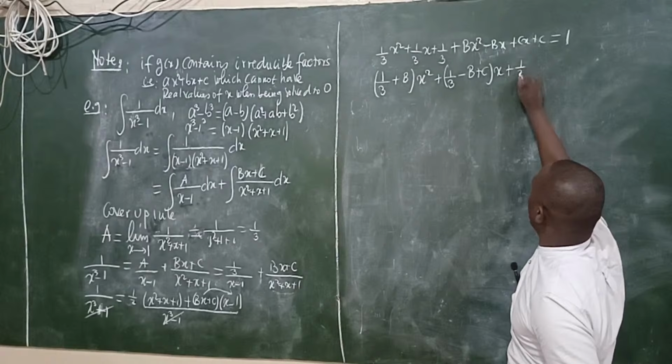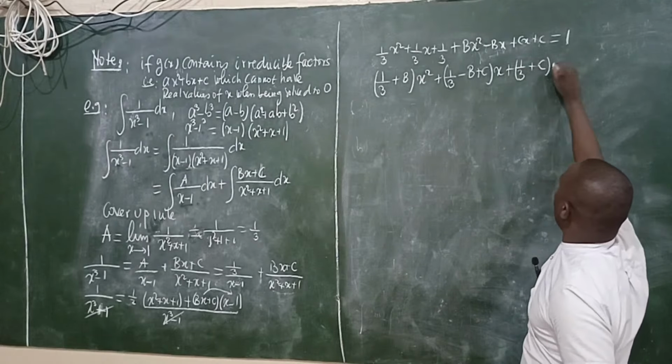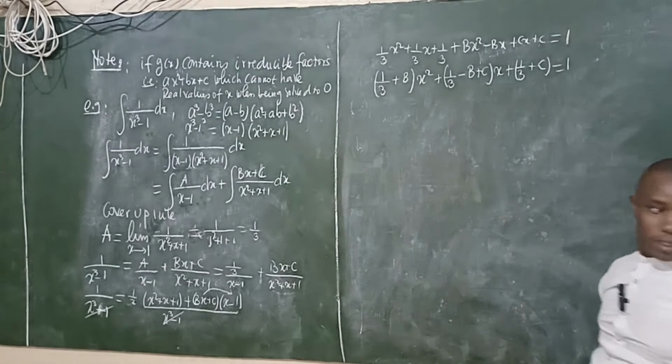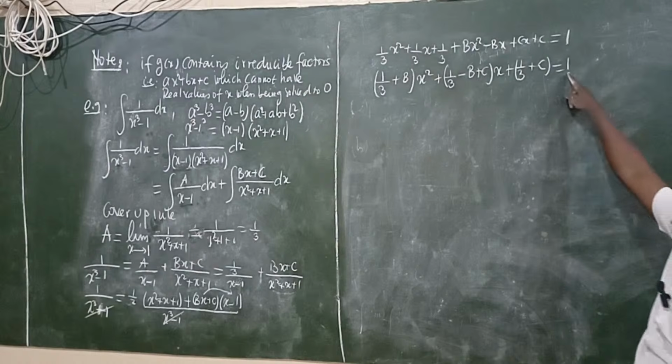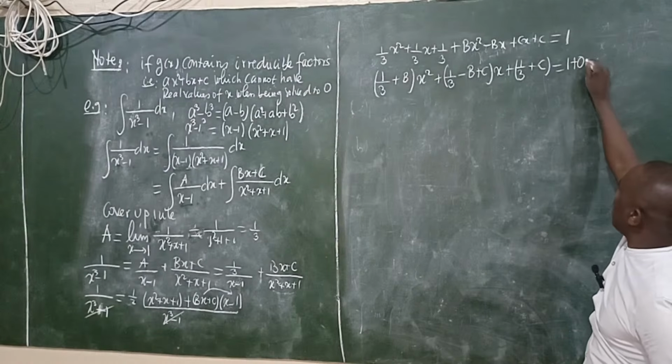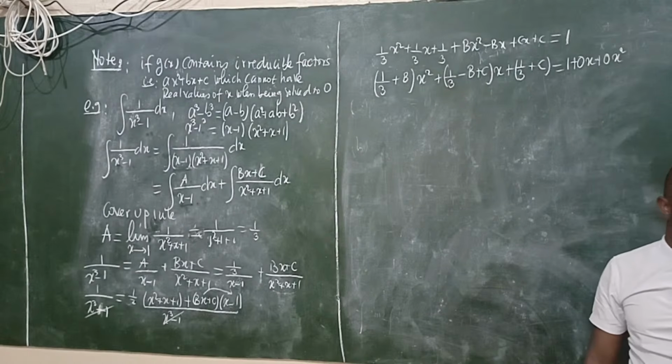Here is 1 over 3 plus c, and this is 1. The independent term of x here is 1, that of x is 0, and that of x square is 0.